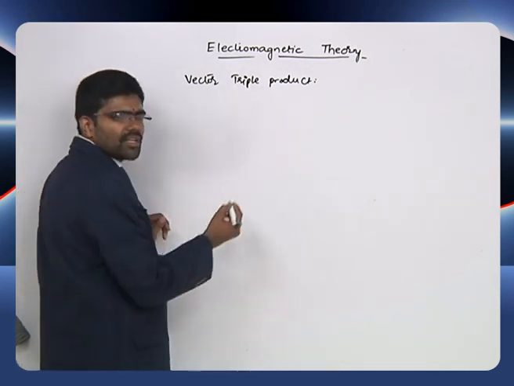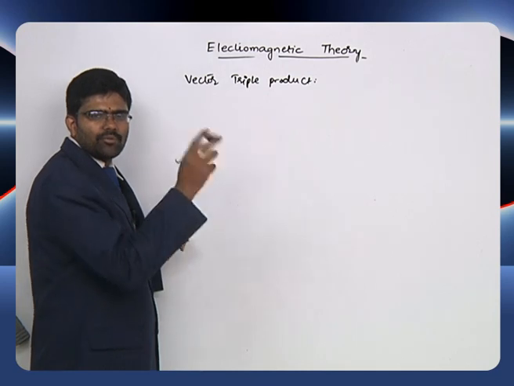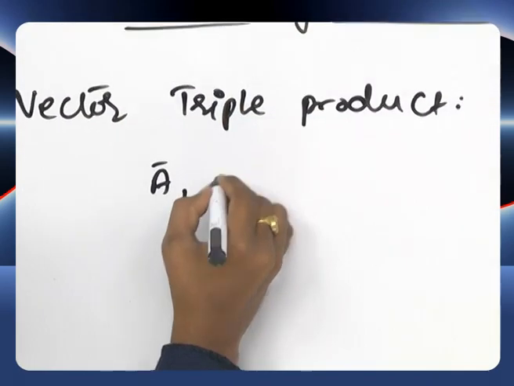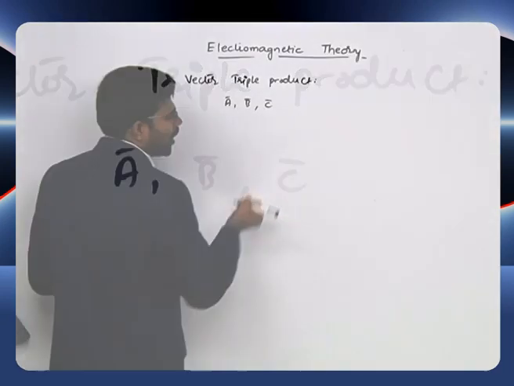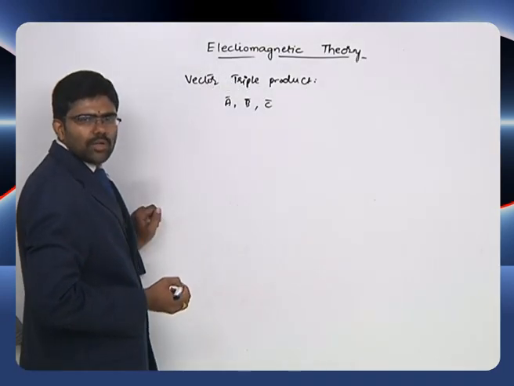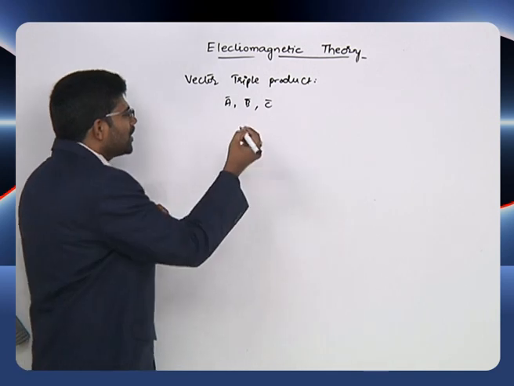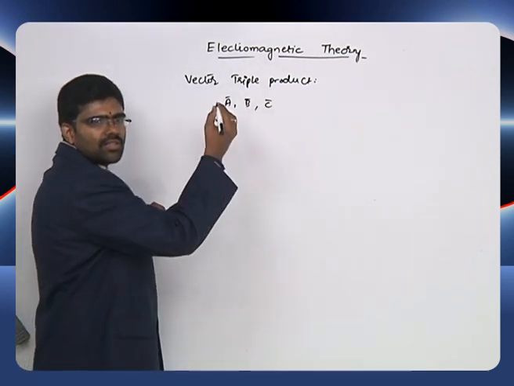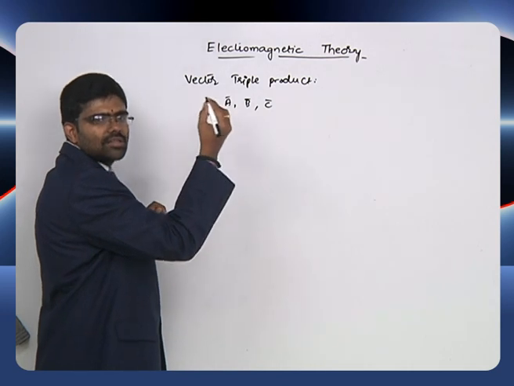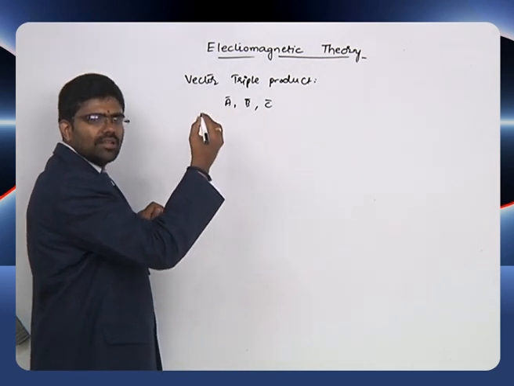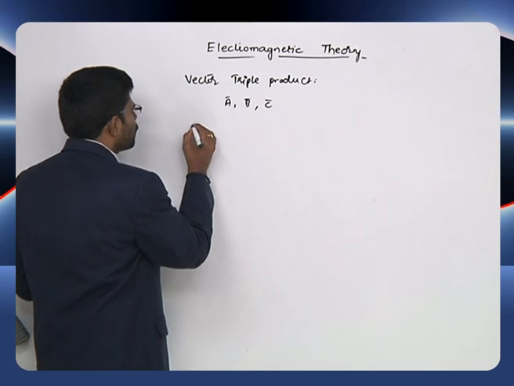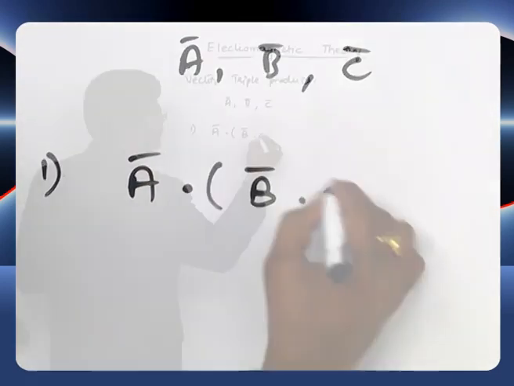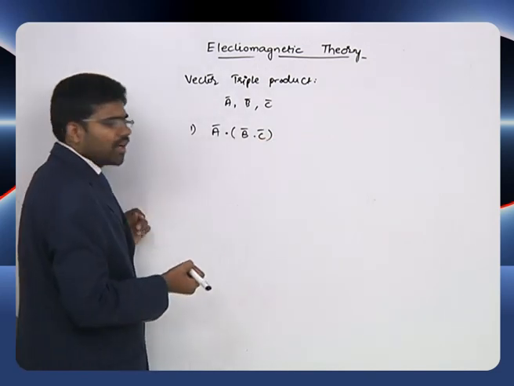Here what I am doing is writing all the combinations for a product of three vectors. Let us consider a bar, b bar, c bar. These are the three vectors that we have. Now I will take different combinations between these three vectors. The multiplication combinations are dot dot, dot cross, cross dot, cross cross. First one, the dot dot combination: a bar dot b bar dot c bar.